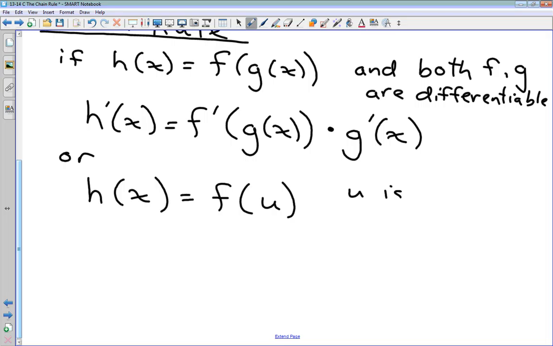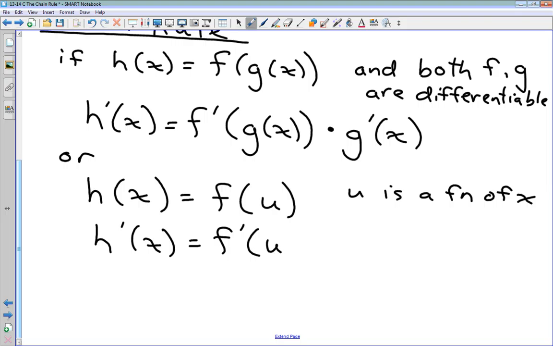And u itself is a function of x. So I'm basically just taking this other function that I had subbed in there and replacing it by this new variable u. The derivative here, h primed at x, would be the derivative of this outer function f, so f primed, still evaluated at this inner function, u, but then multiplied by the derivative of that inner function, so u primed. And that's our chain rule.